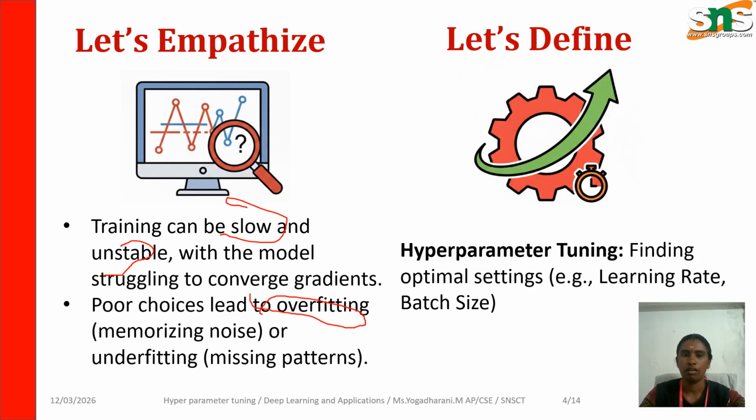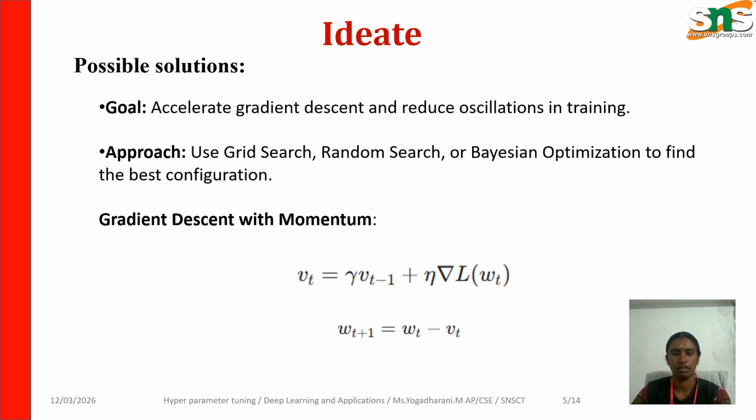For a better understanding, in cooking, wrongly choosing an ingredient quantity leads to poor taste. Next, the definition: hyperparameter tuning is finding optimal settings like learning rate, batch size, and random forest.